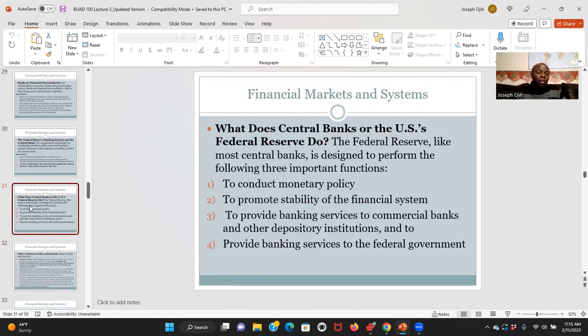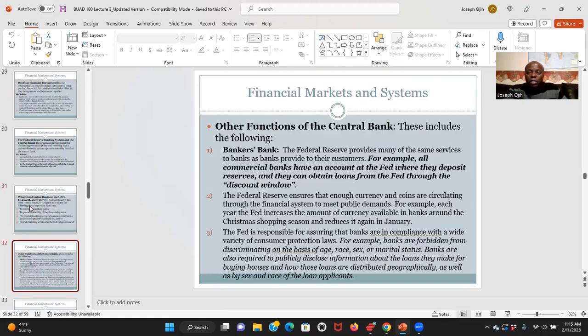We're going to look at some of these things, and we'll also look at the other functions of the central bank, things like bankers' bank. I've already mentioned it because I said that they provide banking services to commercial banks. But when we call them the bankers' bank, it means that all commercial banks have an account, just the way we have an account with our bank.